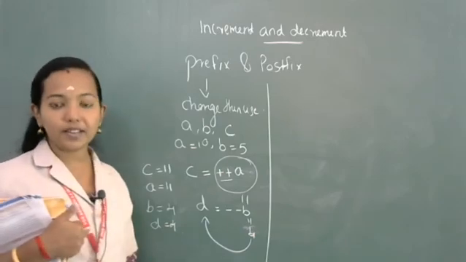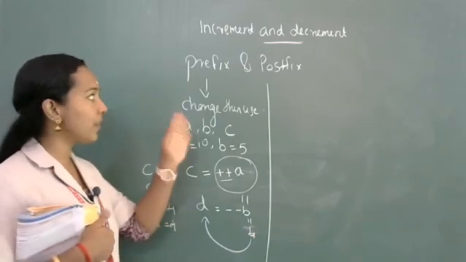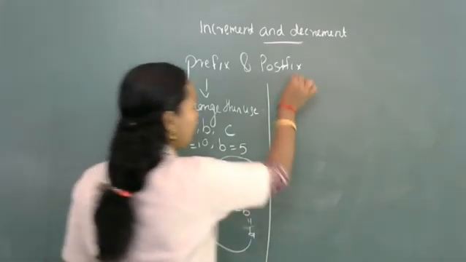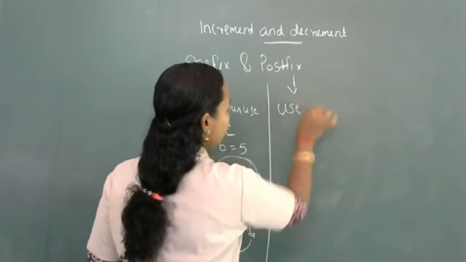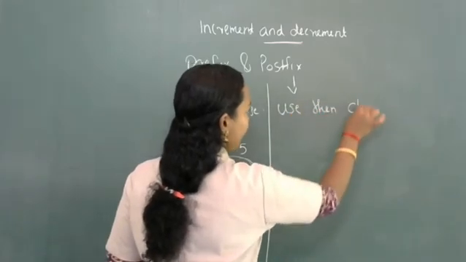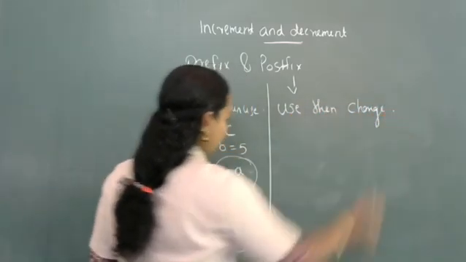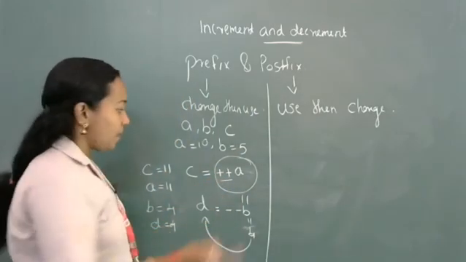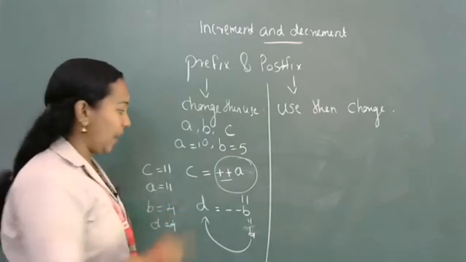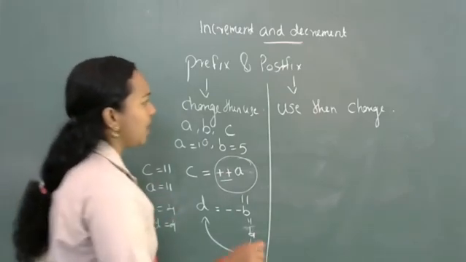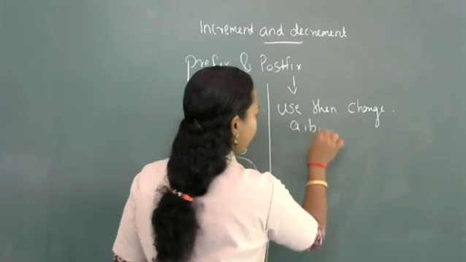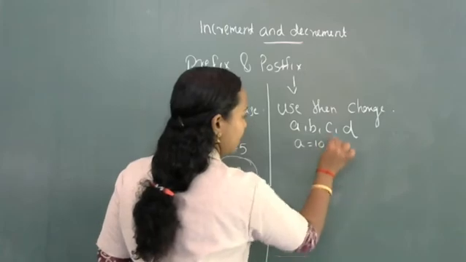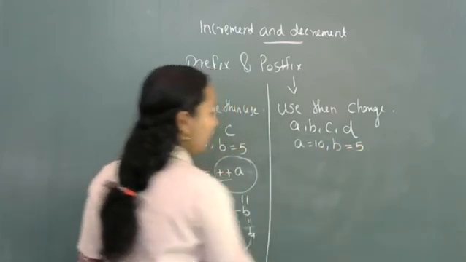So increment and decrement operations we can execute in two different manners. The first one is prefix and the second one is postfix. Postfix: use then change. Here we first use the variable, then after that we change it. Same variables a, b, c and d: a equal to 10 and b equal to 5.